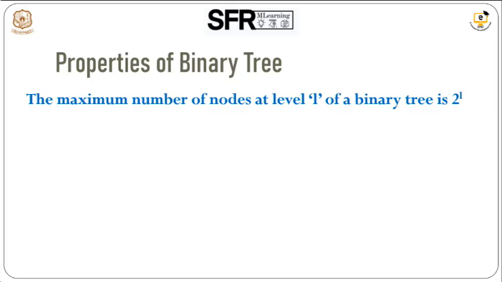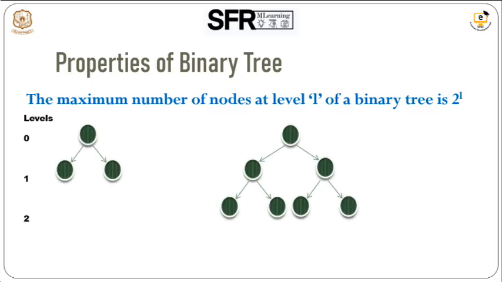The first property is the maximum number of nodes at level L of the tree is 2 to the power L. Let me see whether it is true or not. Okay. We have 2 trees here, right. So, we are also providing the levels. At level 0 you can see every tree is having only one root node, right.